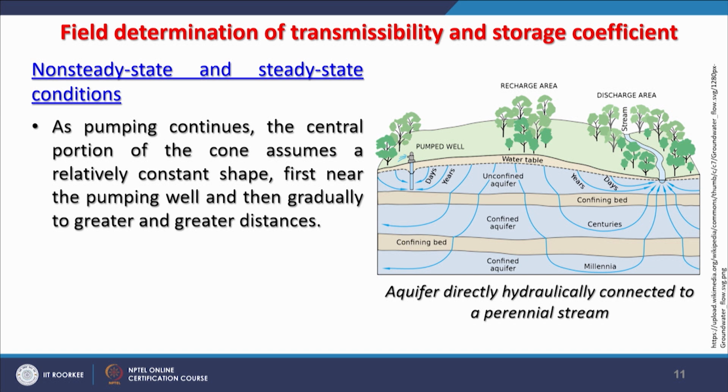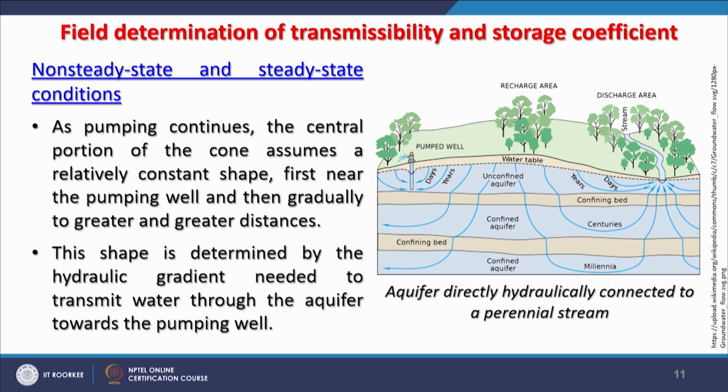That means the cone of depression starts getting a steady shape, or the water level gets a fixed position in the well initially, and then gradually away from the well it also stabilizes. This shape is determined by the hydraulic gradient needed to transmit water through the aquifer towards the pumping well.